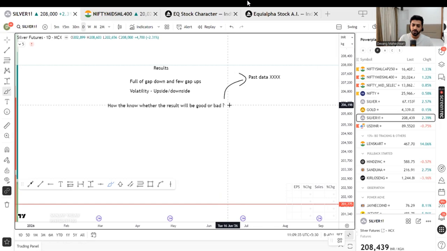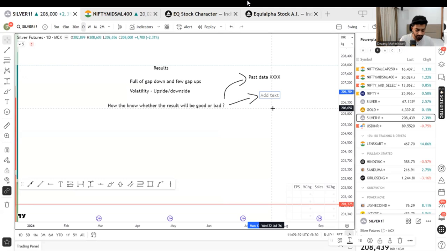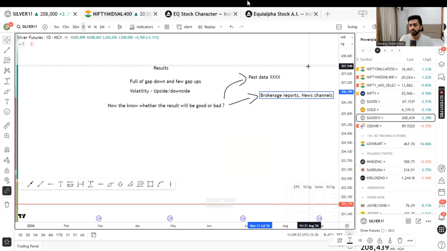Another thing people go with is a lot of brokerage reports, news channels. Every day you will open result season and almost the full day on Zee Business result debates will be going on.